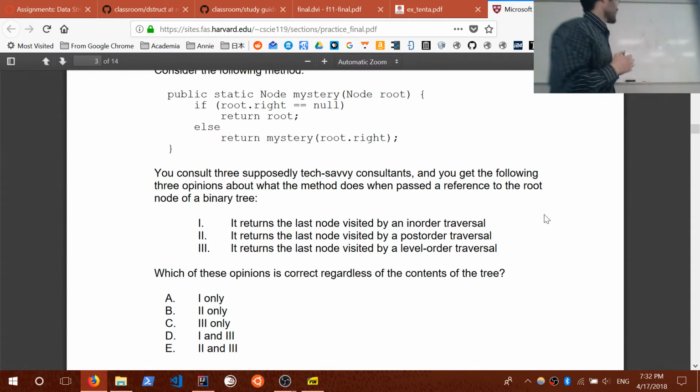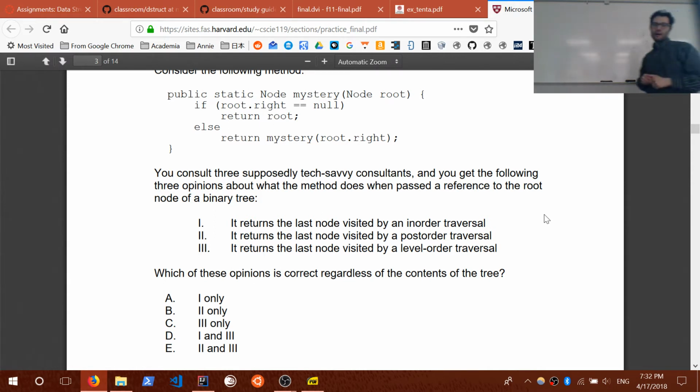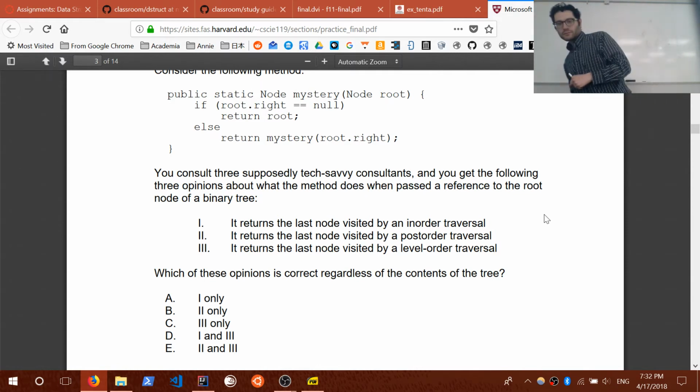So we've got three consultants who say this thing returns the rightmost node, and they say that's the last node visited in certain traversals. So which one of these people is right, regardless of the contents of the tree?